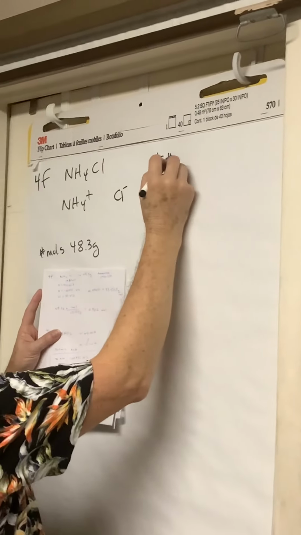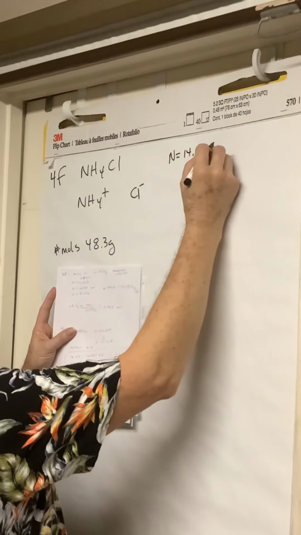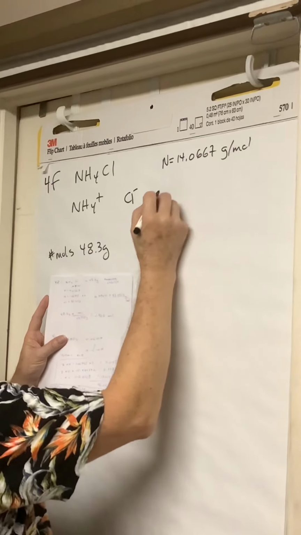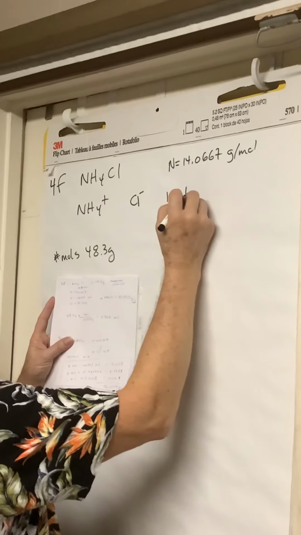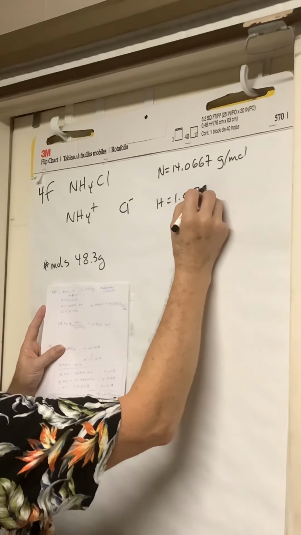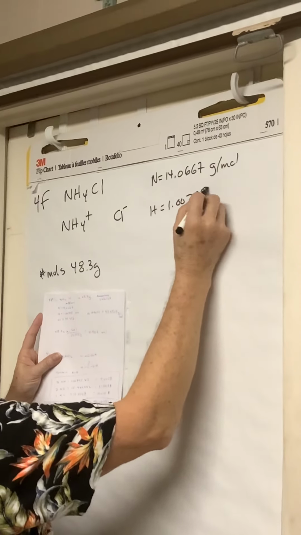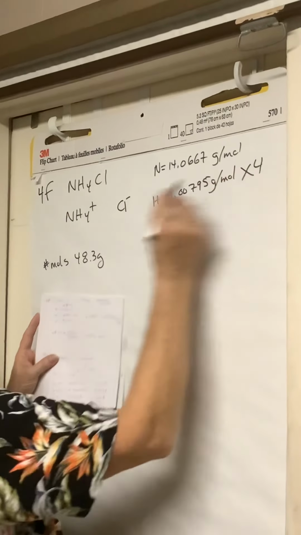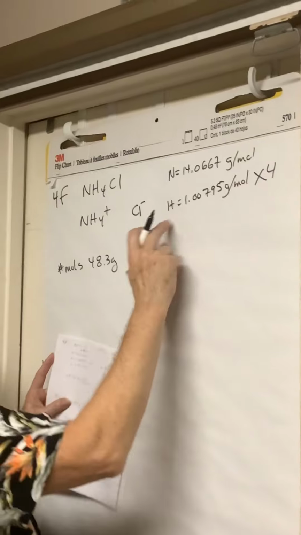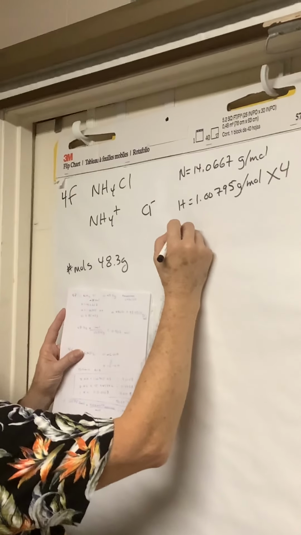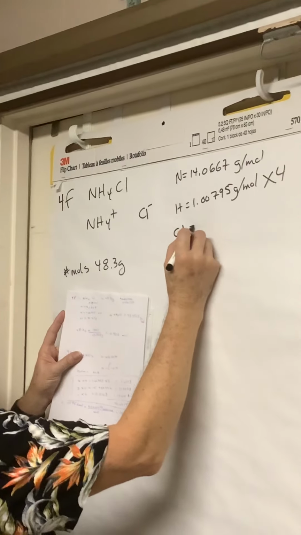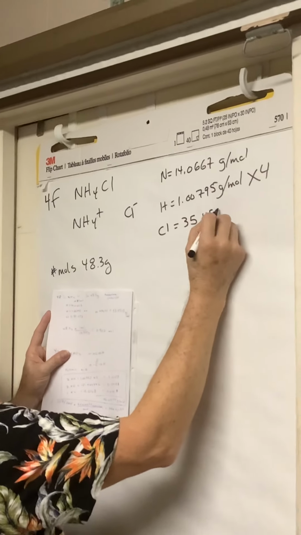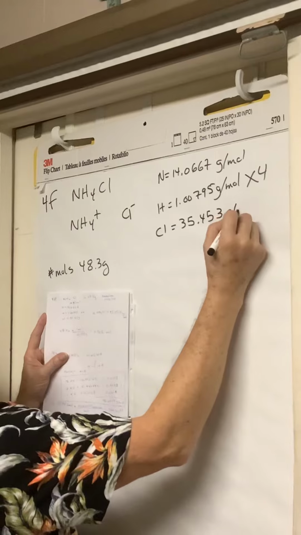Nitrogen is equal to 14.0667 grams per mole. Hydrogen is equal to 1.00795 grams per mole. But I have 4 of them, so I need to multiply that by 4. And chlorine is equal to 35.453 grams per mole.